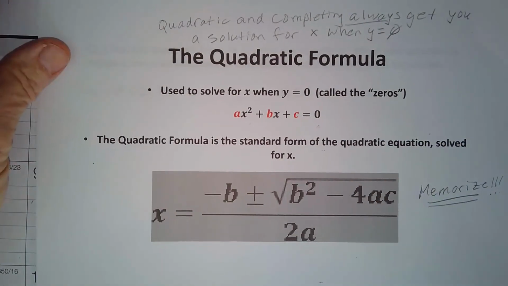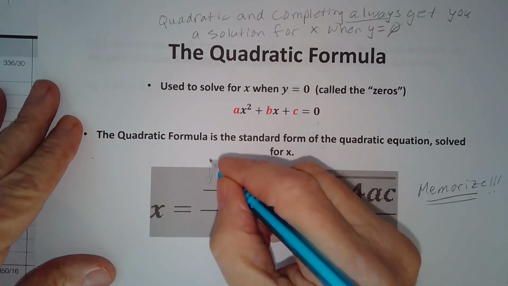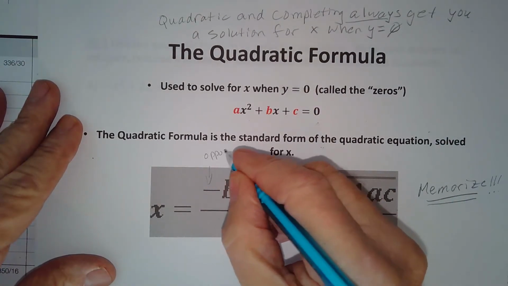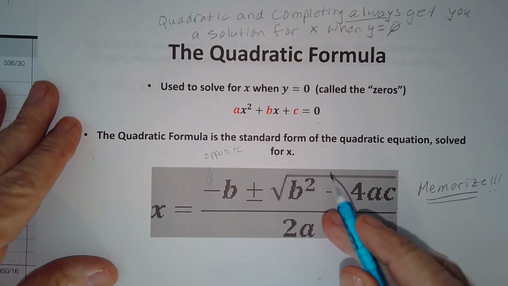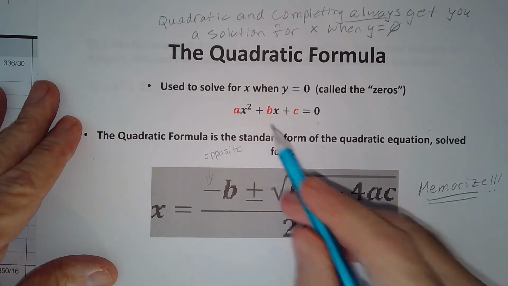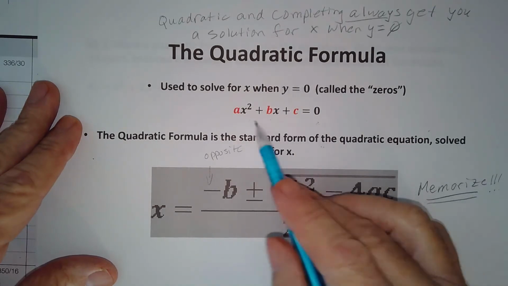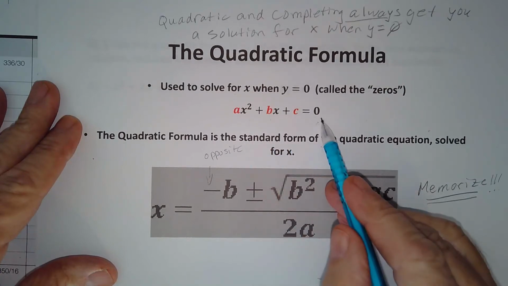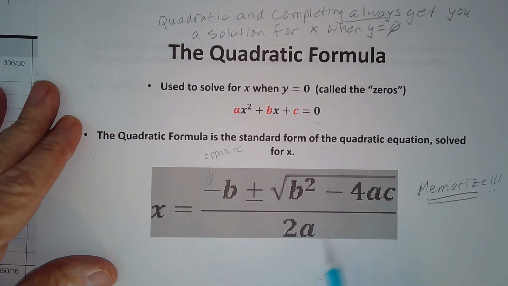Whoa, there it is. Now, notice I said opposite. It's just easier to think of it that way because you sometimes have a negative number for b, sometimes you have a positive number for b. Where do I get the b from? It's right up here. So when you have your quadratic equation set to equal 0, then this is your a, this is your b, this is your c, and that's what you're putting in here.